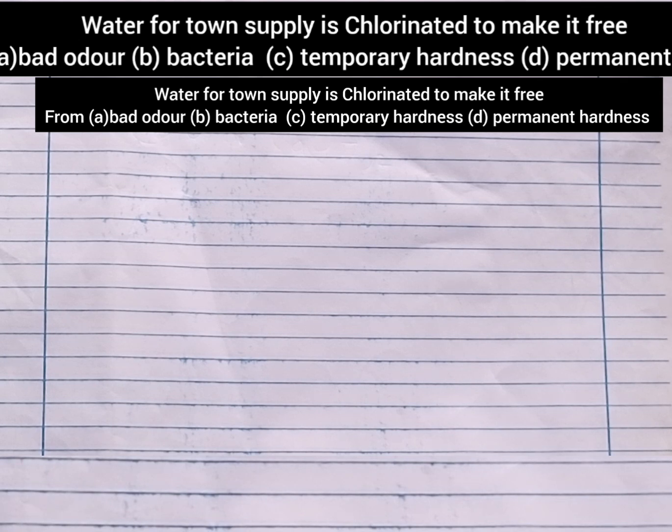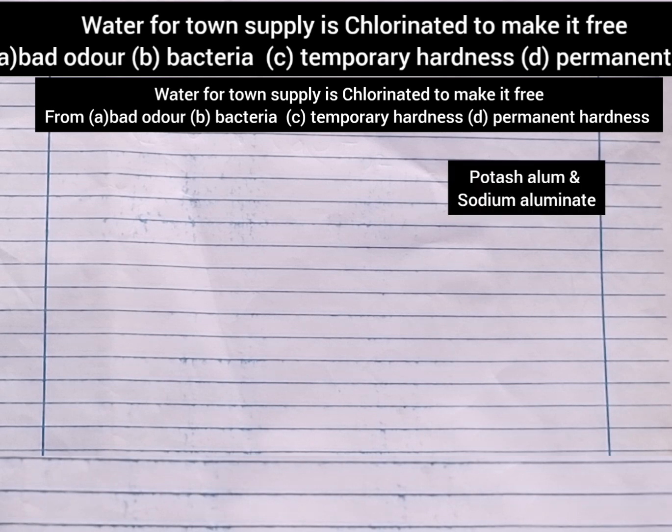Now, there are other chemicals that are added to water to be supplied to a township. I'm going to note them for you, because it might be useful when you want to answer a question in an exam. When water is being supplied for treatment, the first set of chemicals to be added are potash alum and sodium aluminate.